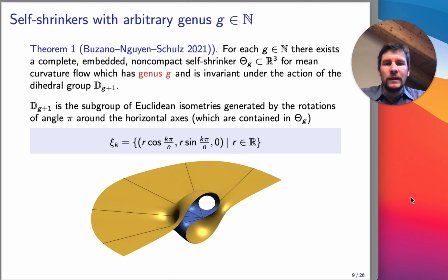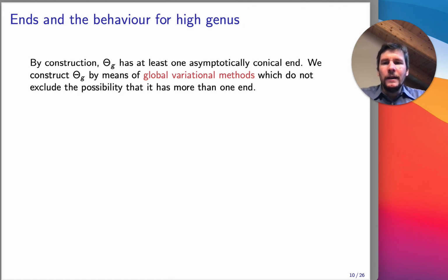So this is going to be an asymptotically conical end. And we generally expect that these objects only have one asymptotically conical end. But because we construct our objects by global variational methods, it's currently not possible to exclude the possibility that these objects have more than one end. Okay?